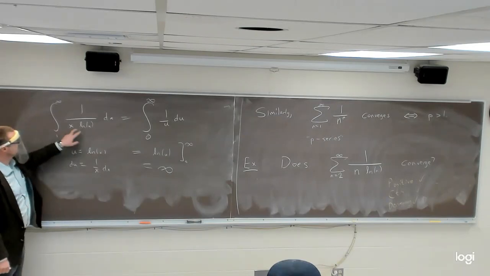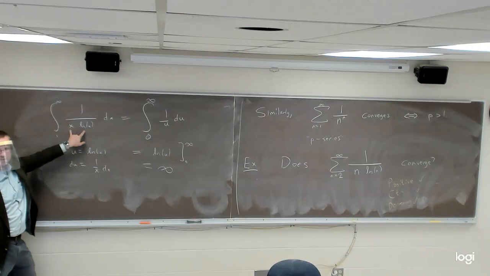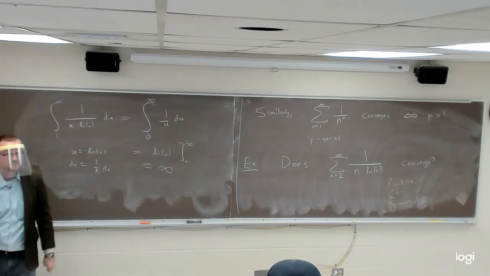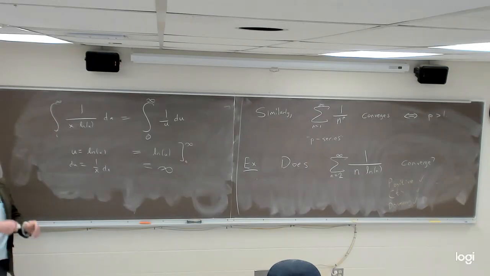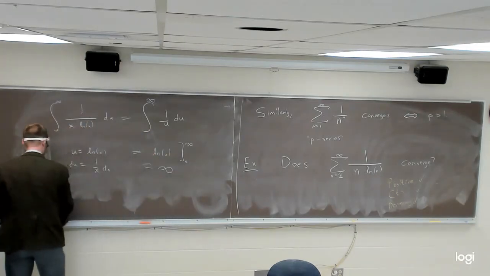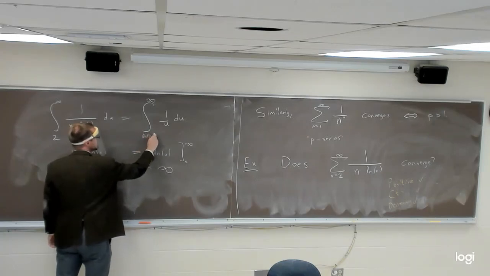But by the way, if you write an antiderivative here in terms of x, it's log of log x. But that infinity blows up. Weren't we starting at 2? Oh, yeah, good point. That fixes that problem. Yes, thank you.